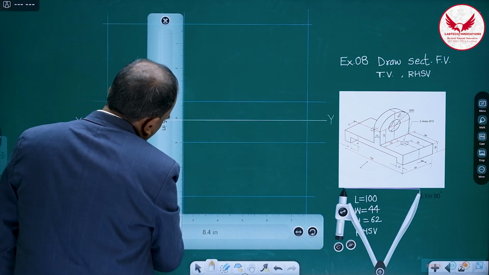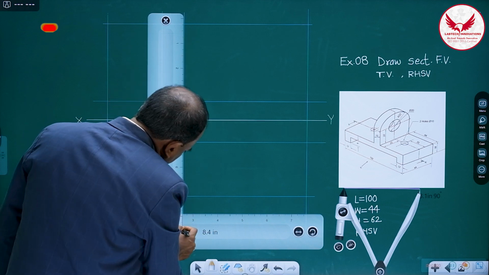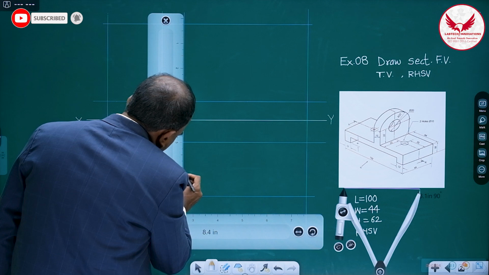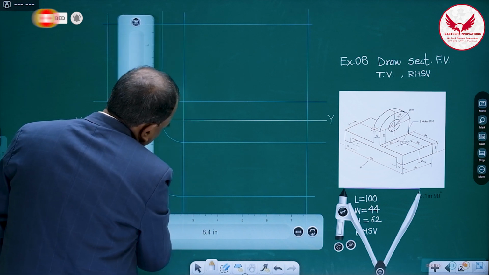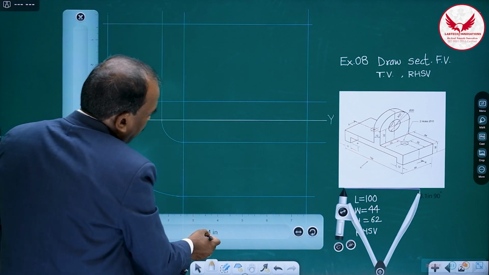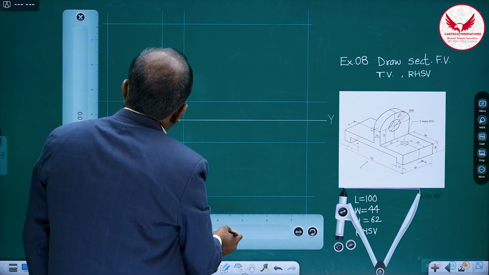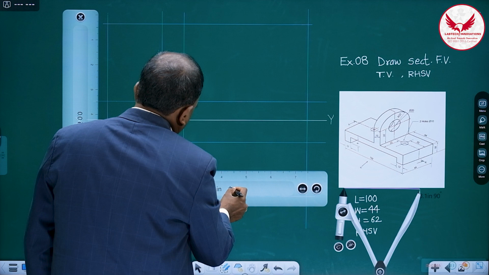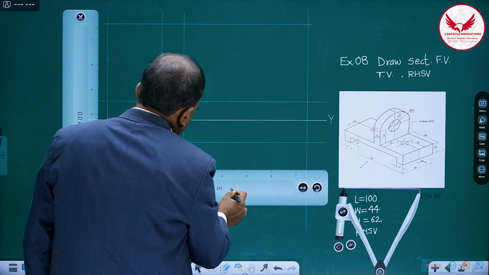In the top view, this object is completely symmetric, so it is 44, which means 22. From 22, we have to draw the center line.